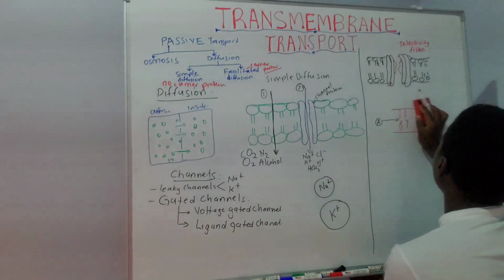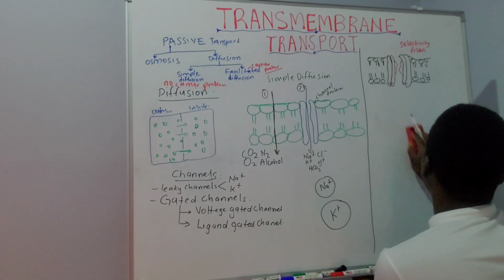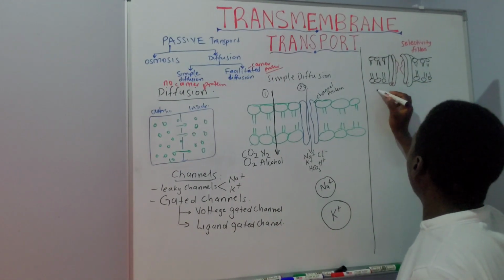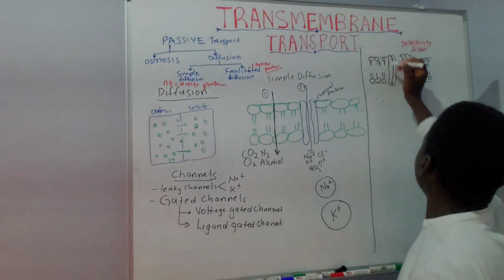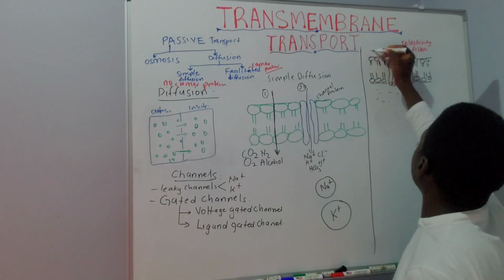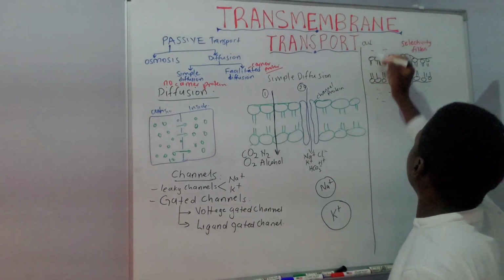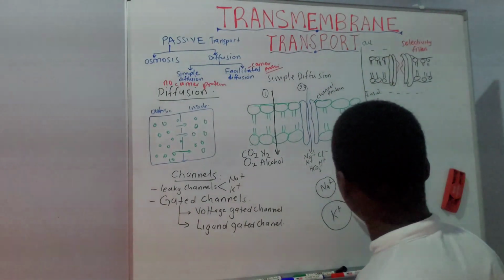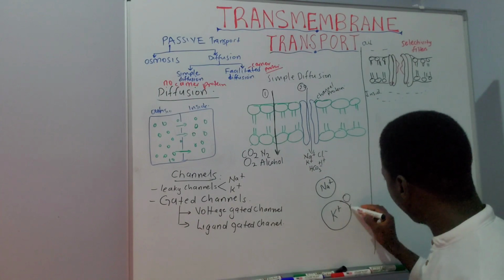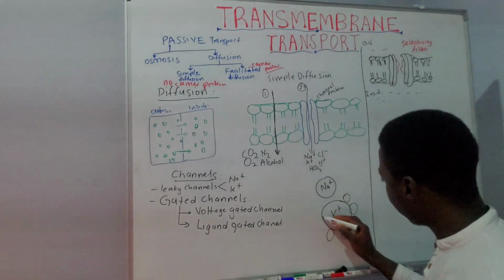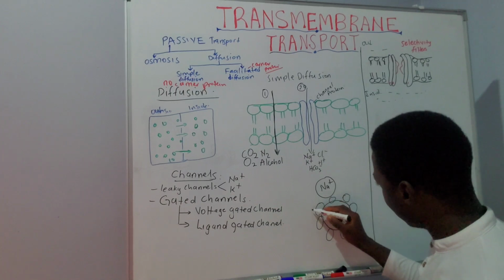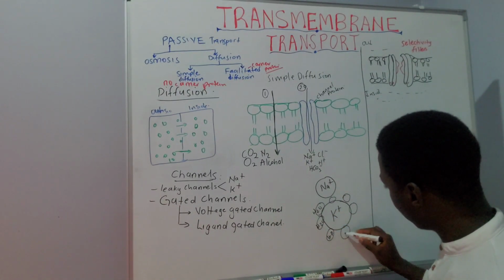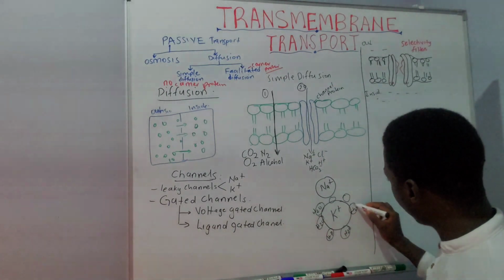If we go back to our potassium, under normal circumstances, when these molecules are outside the cell, and this is the inside, they interact with molecules of water, H2O, H2O, H2O.